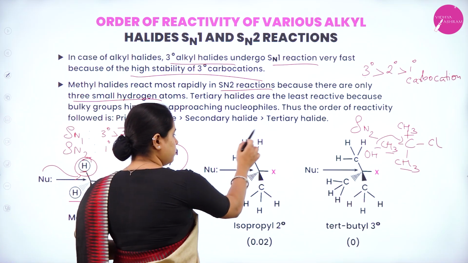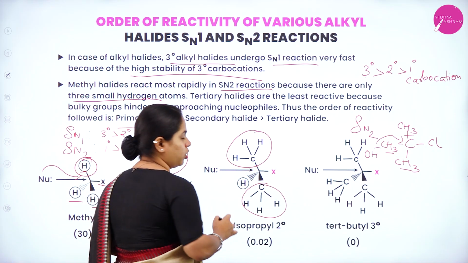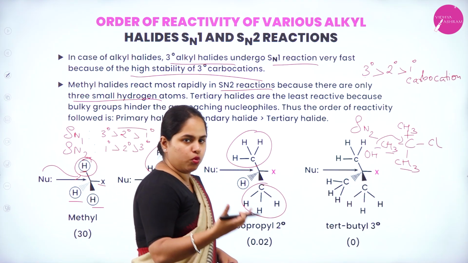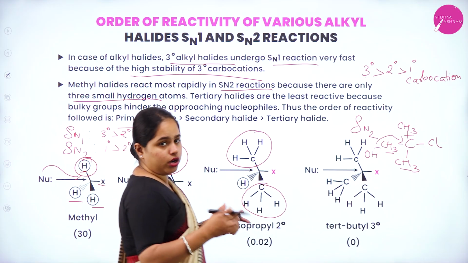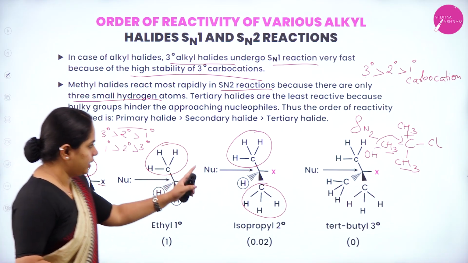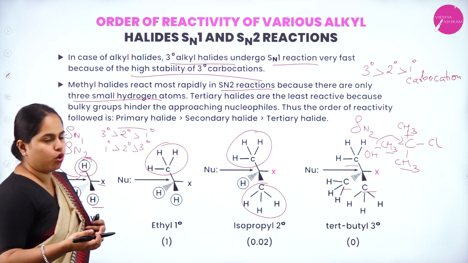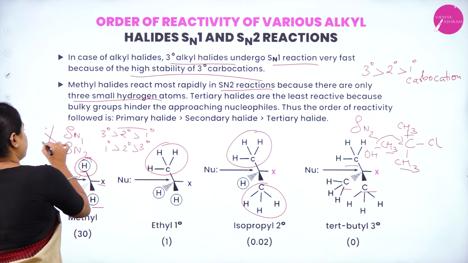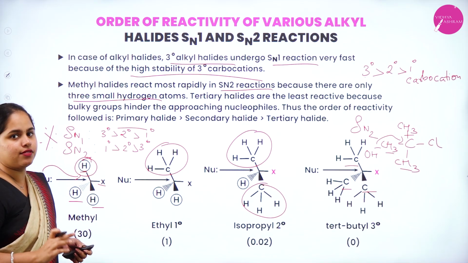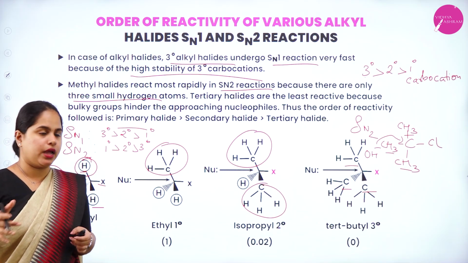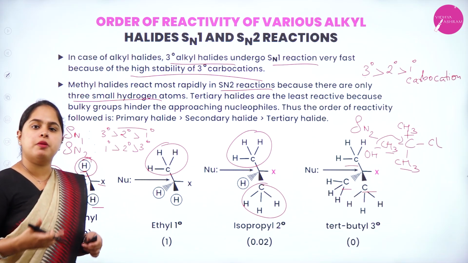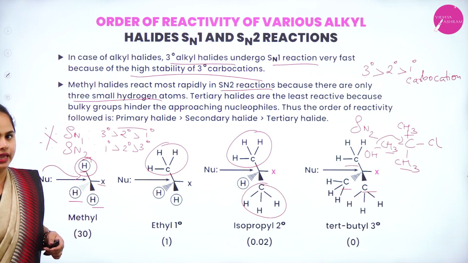And you have one CH3 and another CH3 instead of hydrogen, so it becomes more difficult for the attack of the nucleophile, and in here you can see all the 3 are CH3. So, what happens? It becomes more difficult. This order of reactivity is very important. In SN1, it is tertiary, secondary, primary, and in SN2, it is primary, secondary, tertiary alkyl halide, right?